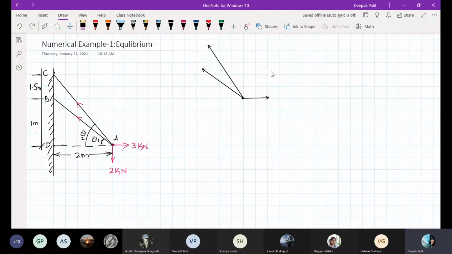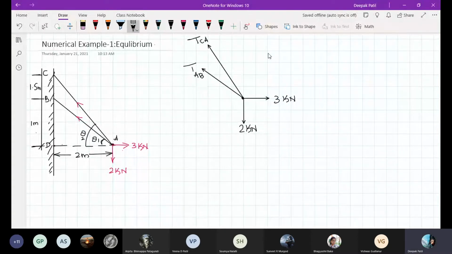This is a given force and this is also a given force. They have given this as 3 kilonewtons and this as 2 kilonewtons. Let me call this the tension in the string CA, and let me call this the tension in the string AB.